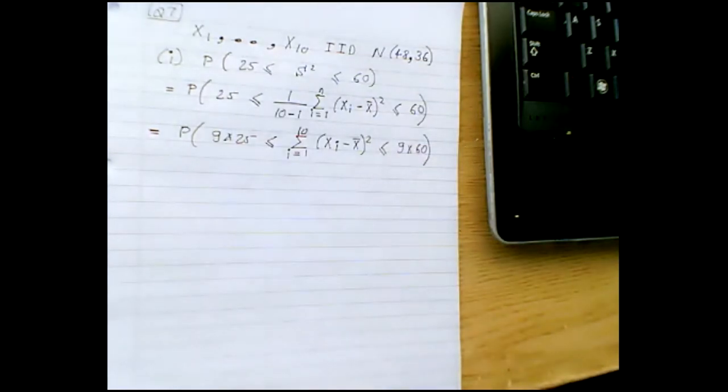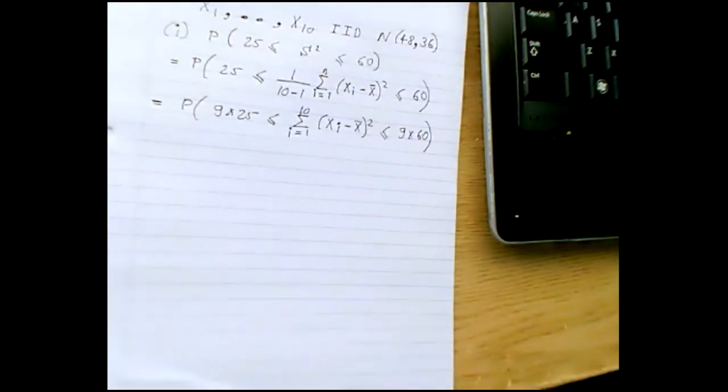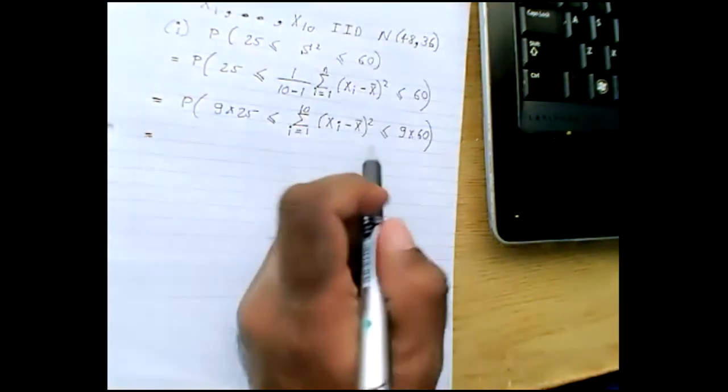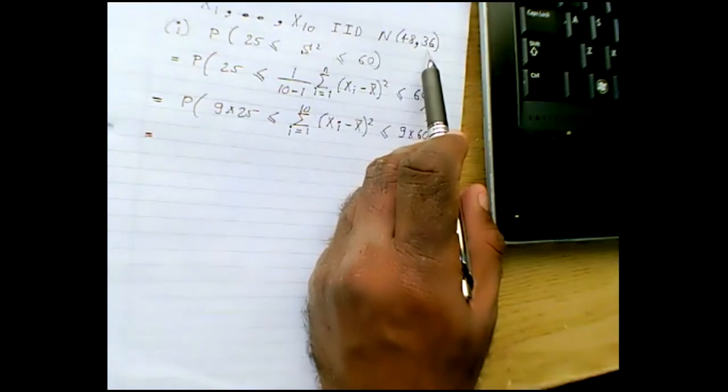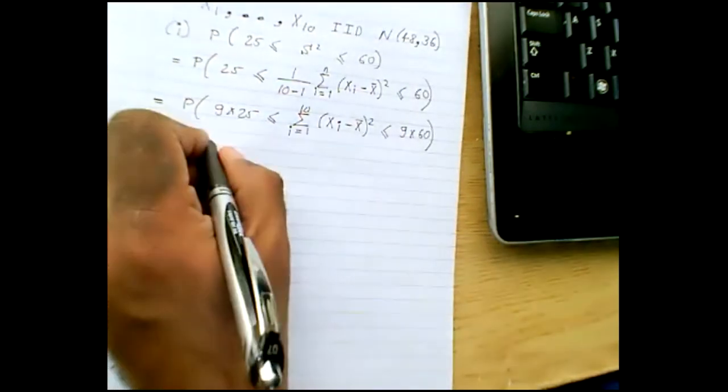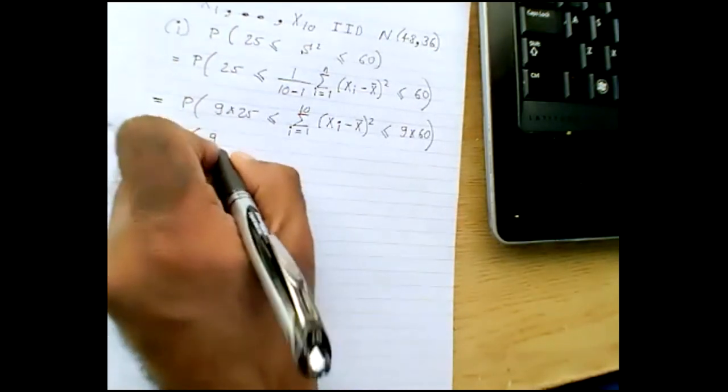In the next step, I'm going to divide everything within the brackets by 36, which is the variance, population variance. I will explain why I'm doing this in a minute.